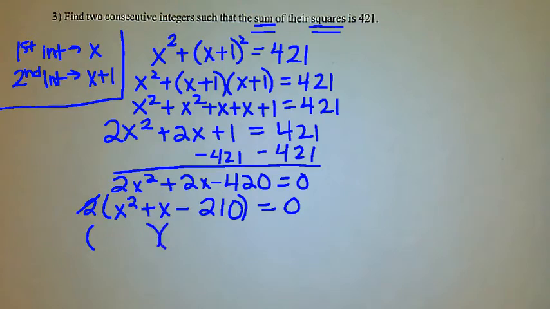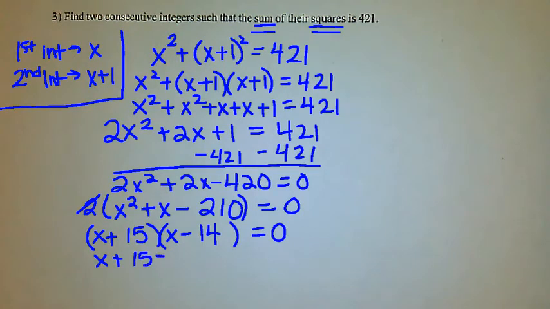So I get one positive, one negative. This is going to be 15 and 14. Okay, that might take you a little bit of calculating. But I'm sure you guys will get there eventually.